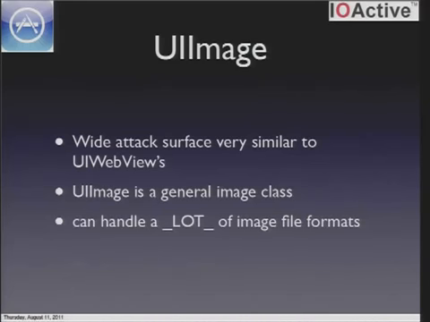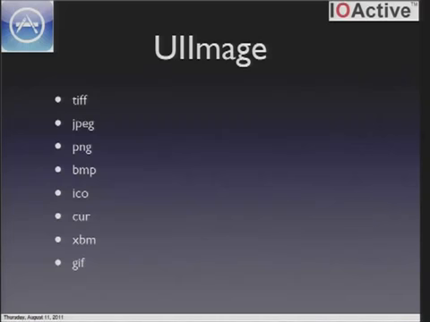UIImage is sort of a similar class for iOS. What UIImage does is it's a container class which can hold a whole bunch of different file formats. You just point it at something and it'll figure out which file format it is, and render it. This is a non-exhaustive list of the formats it supports: TIFF, JPEG, PNG, bitmap, icons, cursors, and so on.